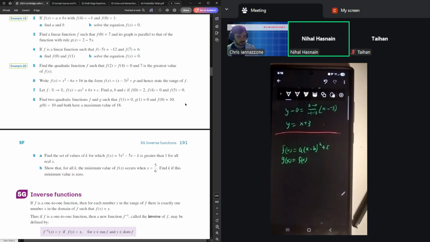Are you sure the g of x and f of x are equal? The generic form of them, they're not going to be the same, you're right. But what I'm trying to write there is the generic form of them are the same. Oh, okay. You're right, I probably shouldn't have written that.